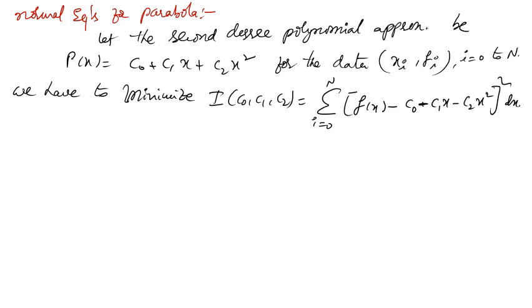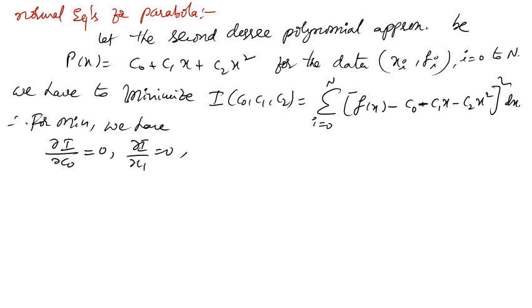Now, for the minimum, what are the necessary conditions? For minimum we have dou I by dou c0 equal to 0, dou I by dou c1 equal to 0, dou I by dou c2 equal to 0.